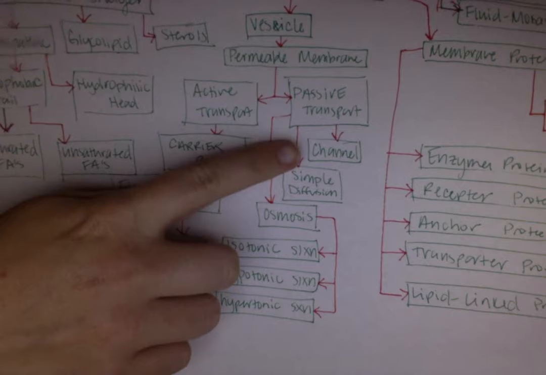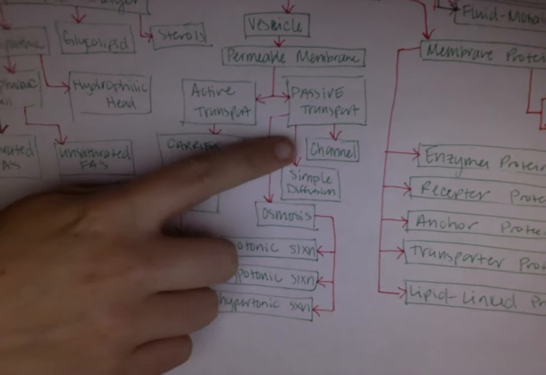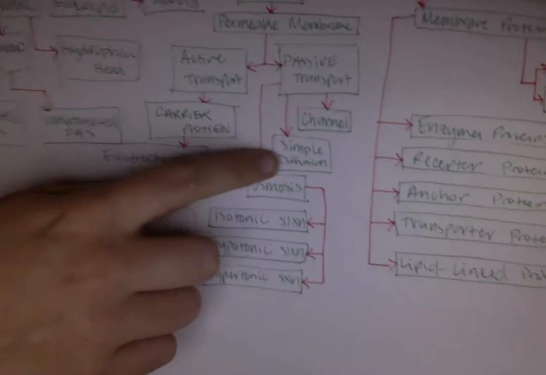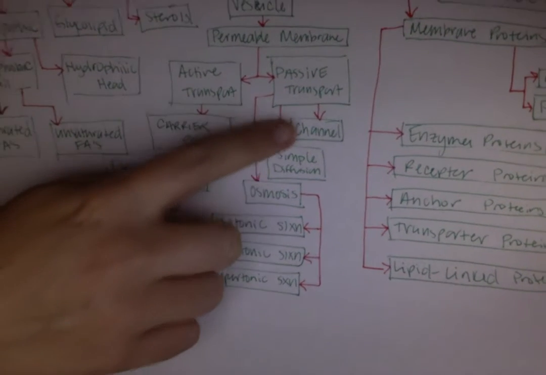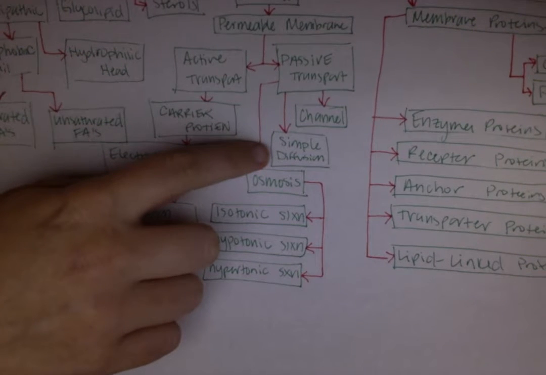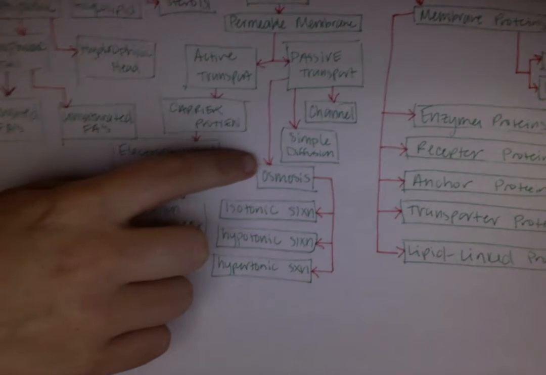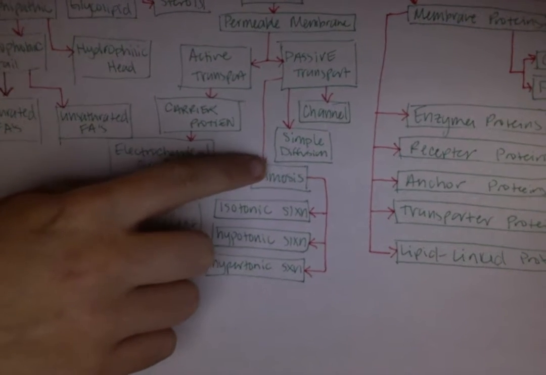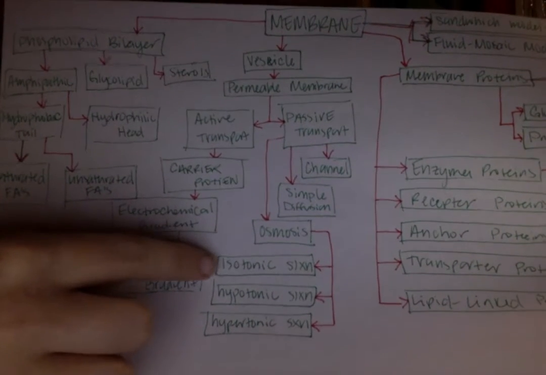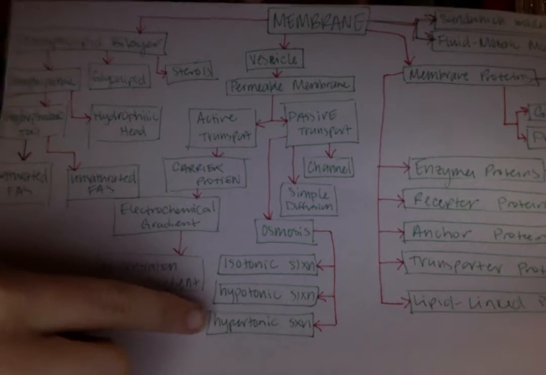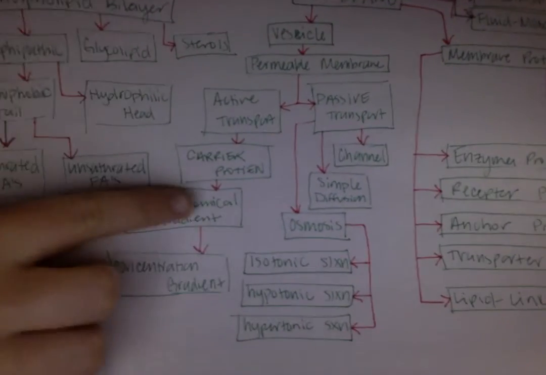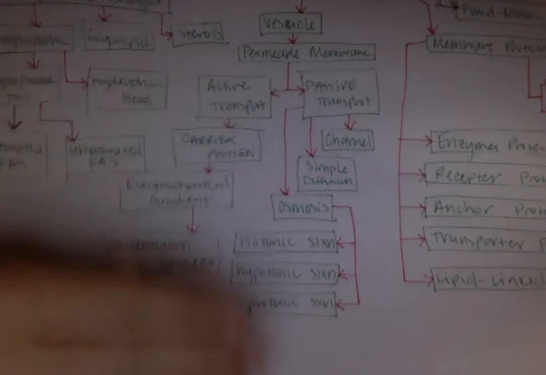You have your channels, which spontaneously let things in, and they're also specific. Then you have your simple diffusion and your osmosis, and osmosis goes into isotonic, hypotonic, and hypertonic, which is based on your concentration gradients, or which way it's going to flow.